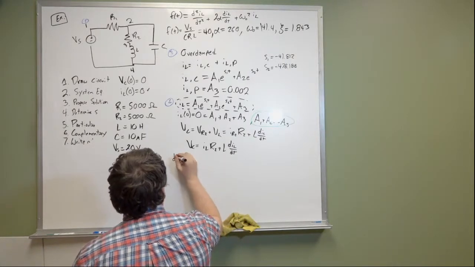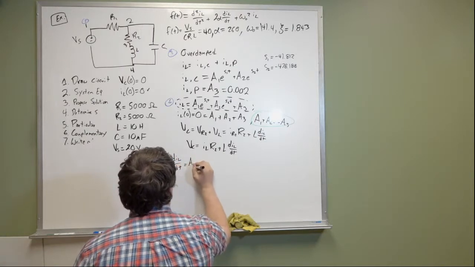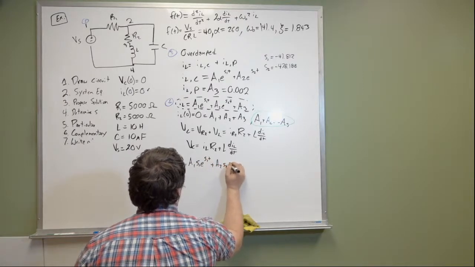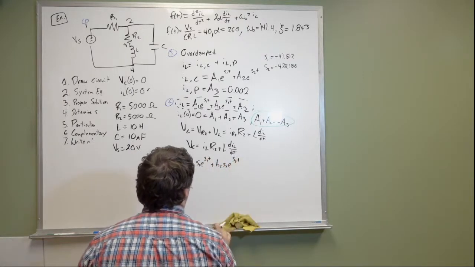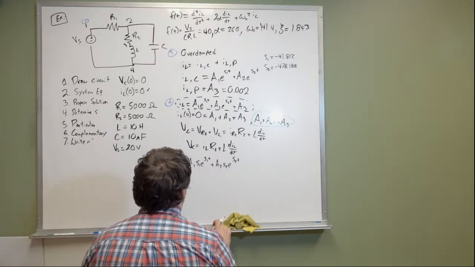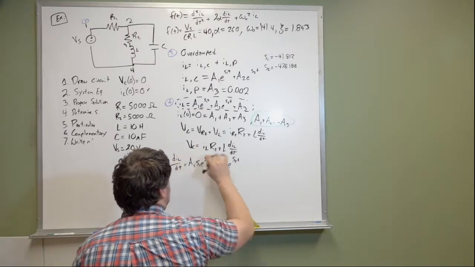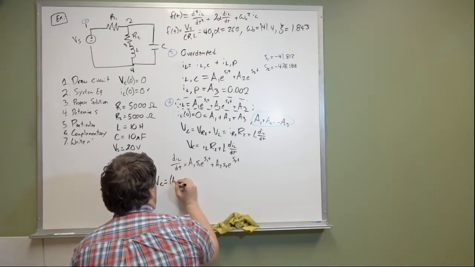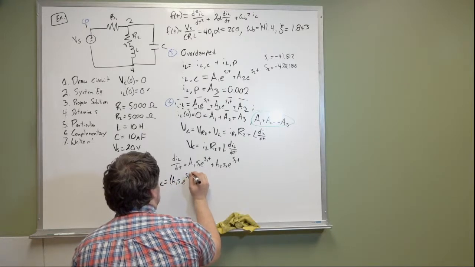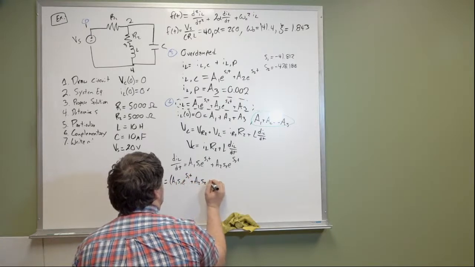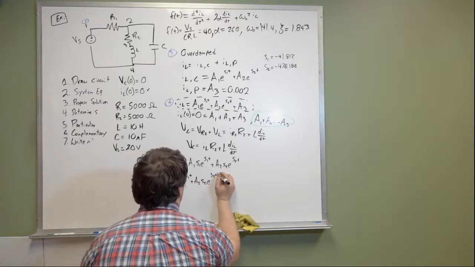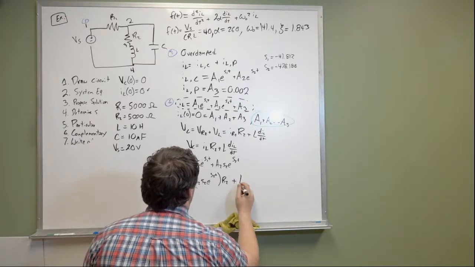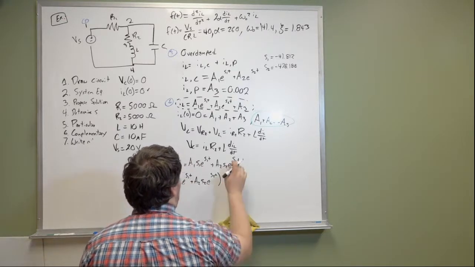I'm going to go ahead and solve dIL dt is equal to A1 S1 e to the S1t plus A2 S2 e to the S2t, and then A3 goes away because it's a constant. So, if we take this and plug everything in, VC is equal to A1 S1 e to the S1t plus A2 S2 e to the S2t times L. My bad, I'm writing this piece first.